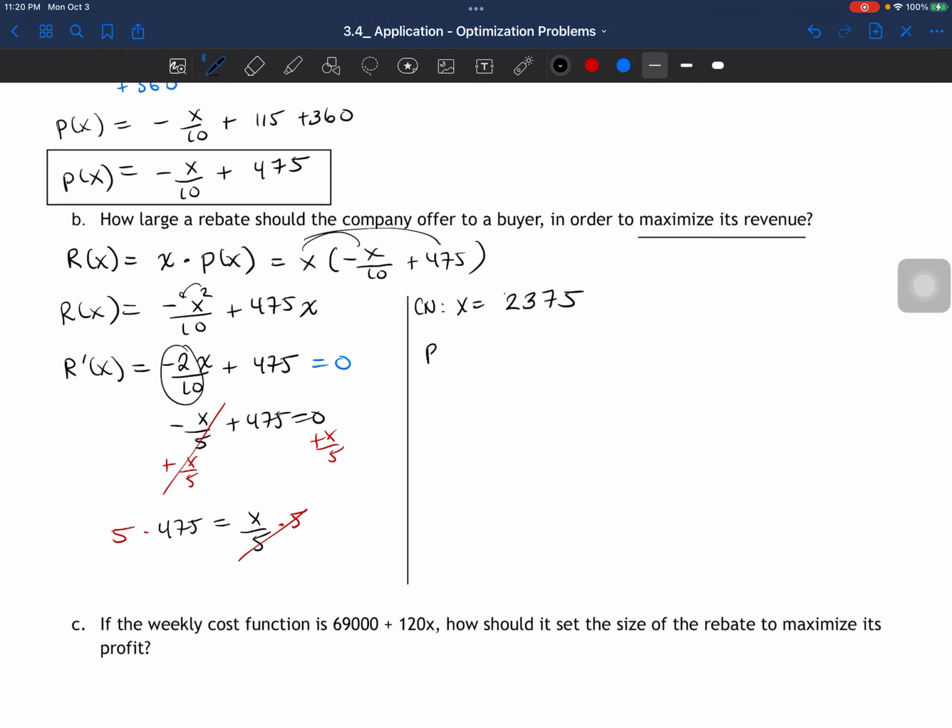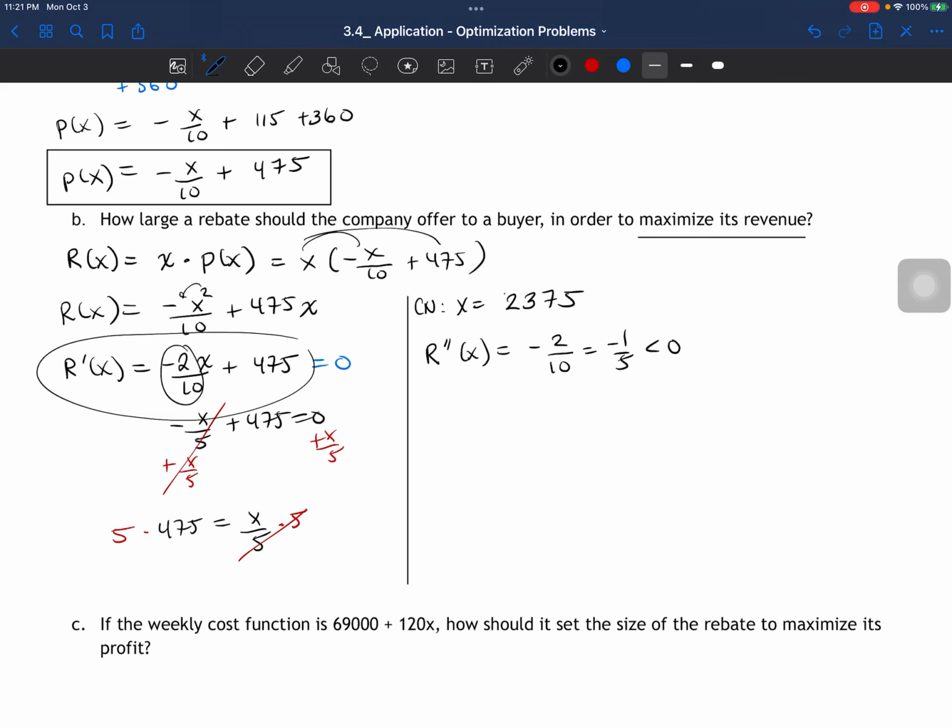Now this is a critical number, but we don't know whether this critical number will actually give us a max. This could give us a minimum, right? So what we need to do is we could just take the second derivative, and the second derivative of this, by looking at here, it will be negative 2 over 10 because you drop the x and the derivative of 475 is 0, which we know this is negative 1 over 5.